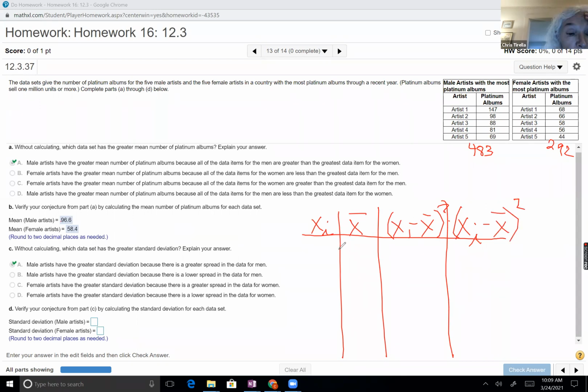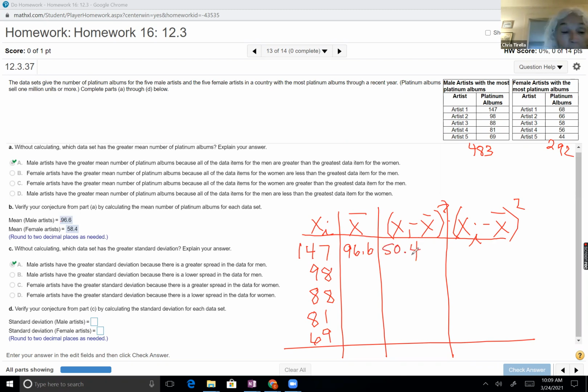And so the men's was 147, 98, 88, 81, 69. The mean we said was 96.6. So I'm going to take 147 minus 96.6, gives me 50.4.